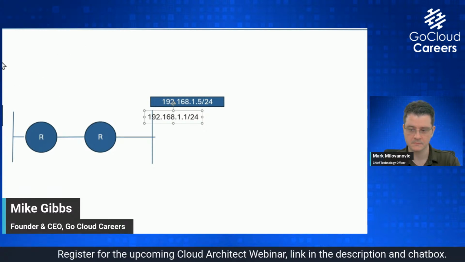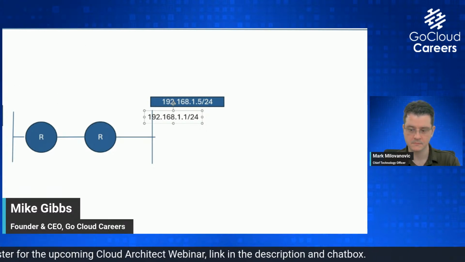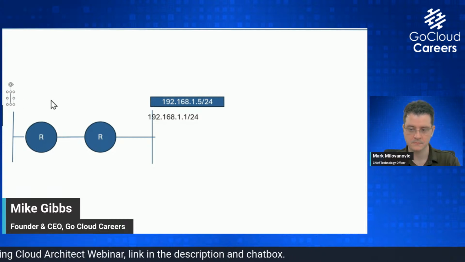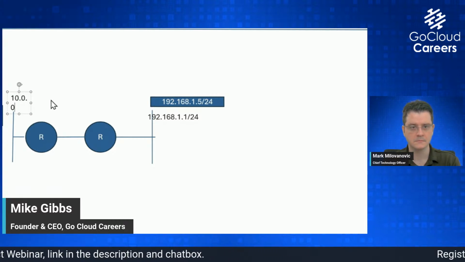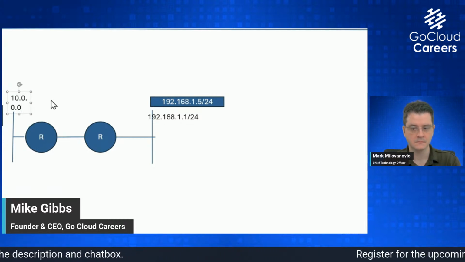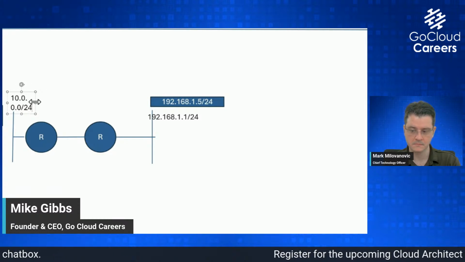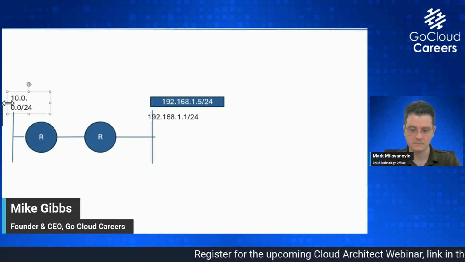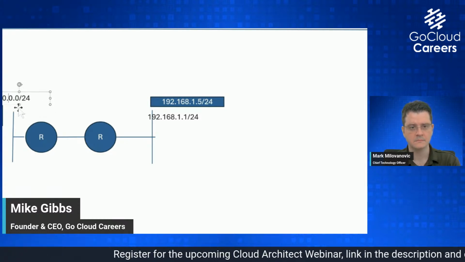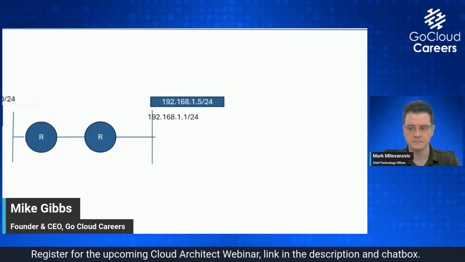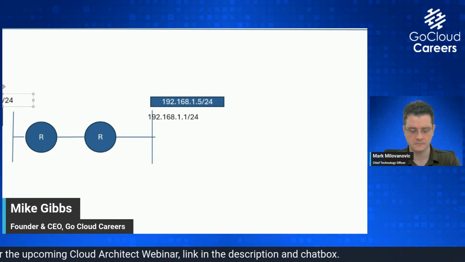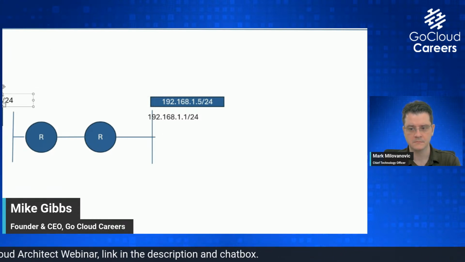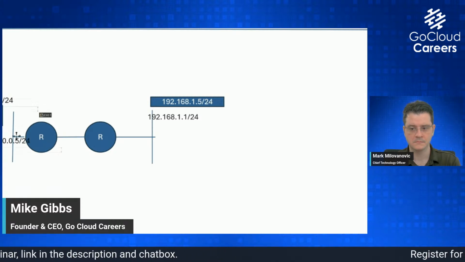Now let's say this link over here is the 10.0.0.0/24 subnet. Bear with me for the host. Oh, no wonder something's wrong. So let's say the host is .5, which means the router is going to be .1. Let's put them on the same subnet.